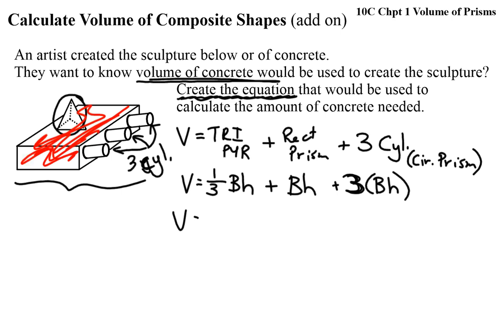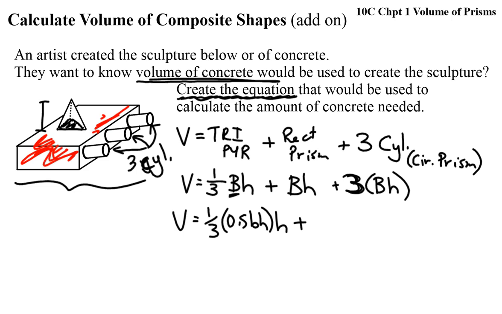Now I want to convert my big B's. Well, I have a 1/3. What kind of a base do we have on that triangular pyramid? Well, it's a triangle base. So it's going to be 1/3, 1/2 bh, because it's a triangle, and then the height of the pyramid. Plus, we have the rectangular prism.